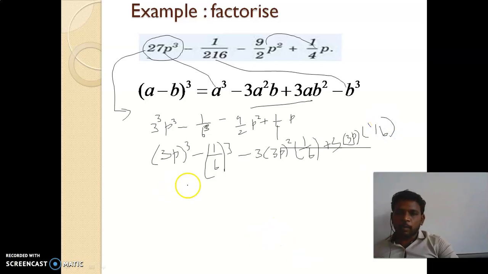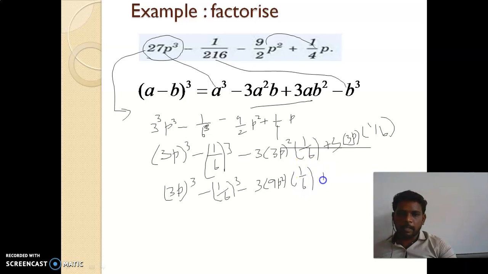Now these two terms are already there, the first term and second term, and if we simplify this, what will happen here? So 3p whole cube and minus 1 by 6 whole cube and minus 3 into, now apply the square here, so 3 squares are 9 and p is also there, so 9 p square into 1 by 6, right?